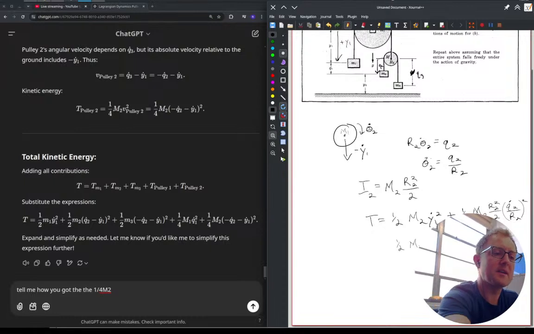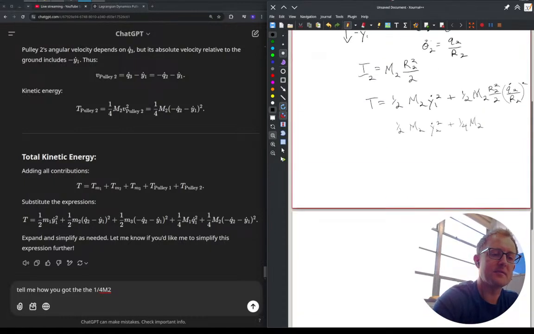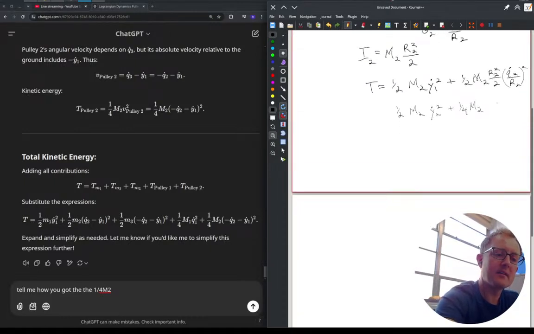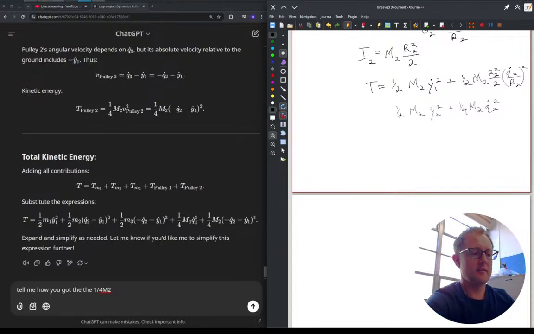And sorry, you might not be able to see that, huh? My face is in the way. And then the r2 squared cancels out, and I'm left with that q2 dot squared. So I don't think it's subtracted. And I do think there's a 1/4, or if we call it 1/2 M2.